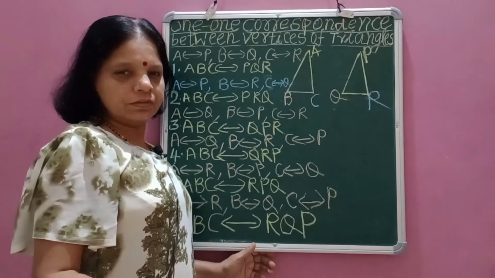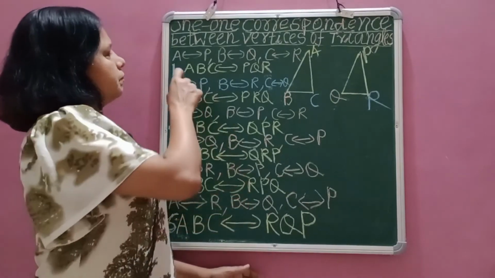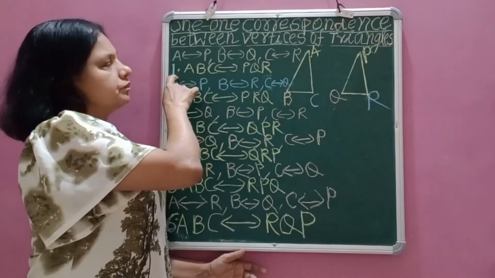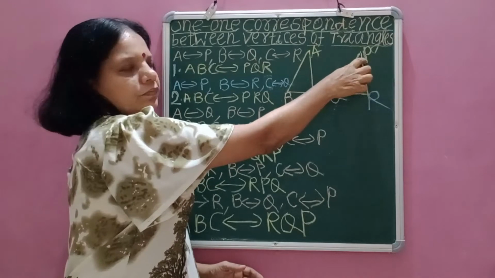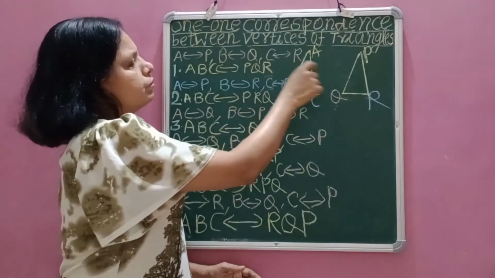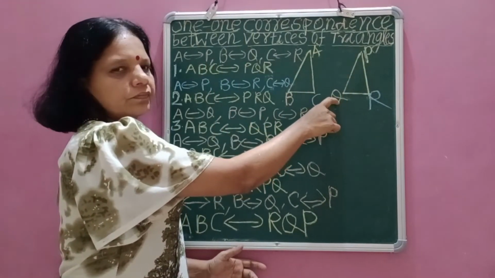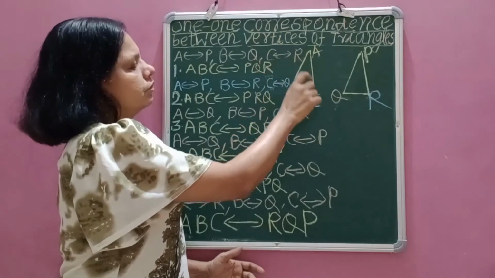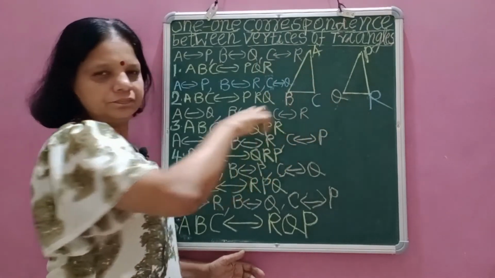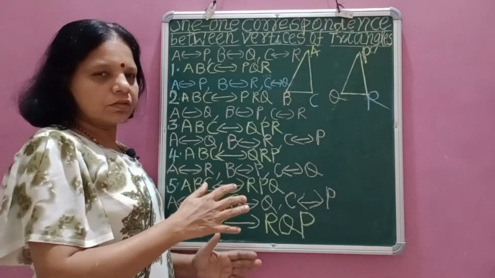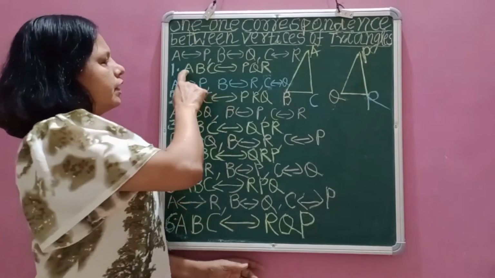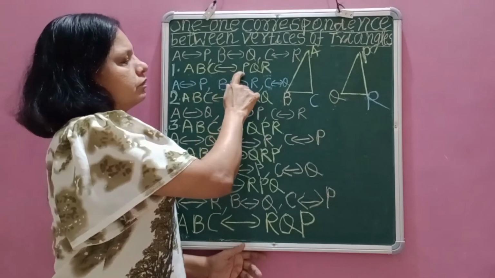What are the possibilities? The first possibility is A corresponds to P, B corresponds to Q, C corresponds to R. Altogether we can write ABC corresponds to PQR.